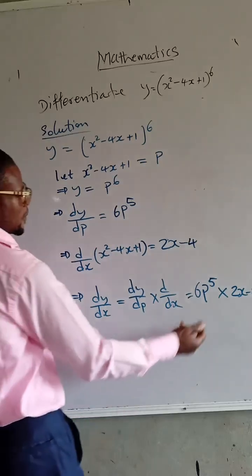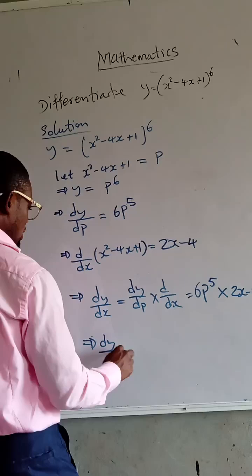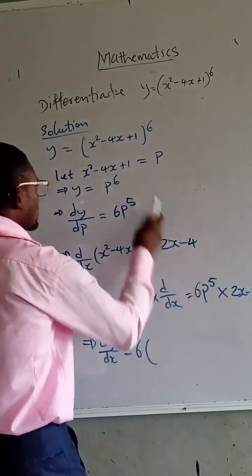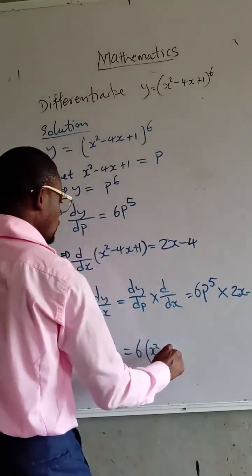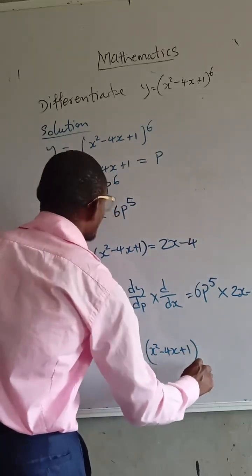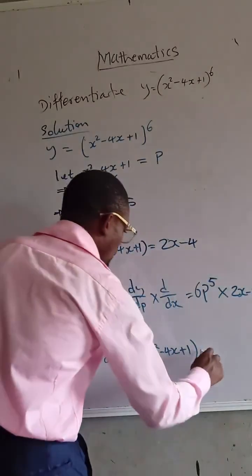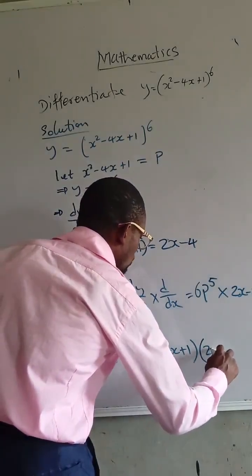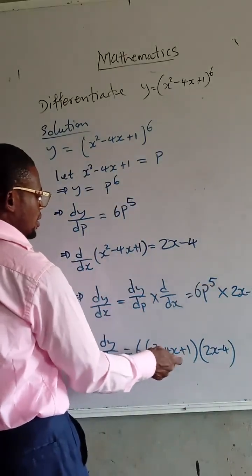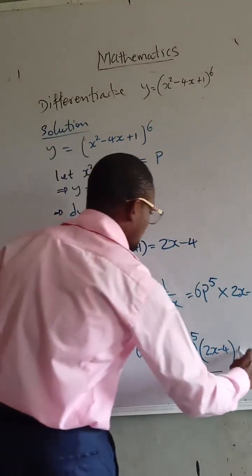Now, anywhere you see p, you replace it by its value. So dy/ds equals 6 times (s² − 4s + 1), then multiplied by (2s − 4), and don't forget our p raised to the power 5. This is our final answer.